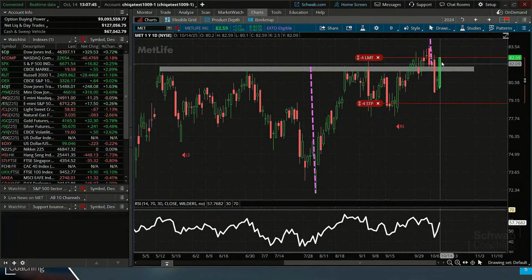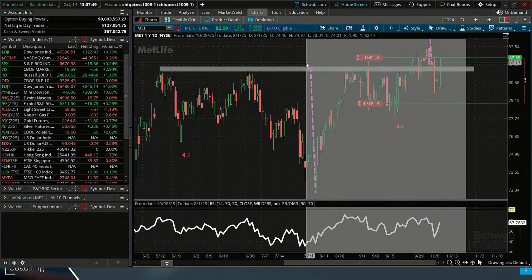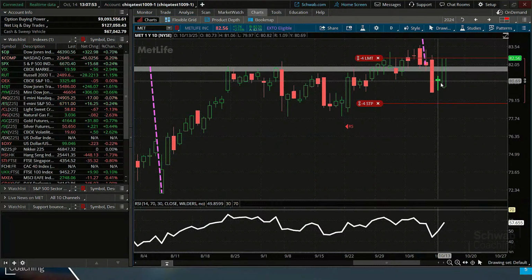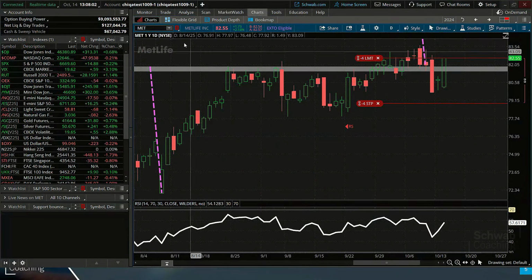We'll have to see where we end today, but it could be a close above the high of the low day, so it could be a hold with the price action here. We did have a very big bullish engulfing candle taking place at this pivot low. So we're going to hold on to that trade a little longer to give it more time, since we have a couple of months.